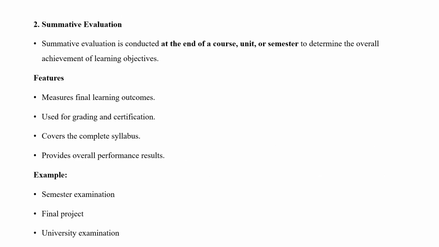And summative is at the end of the course. Summative evaluation is conducted at the end of the course, unit or semester to determine the overall achievement of the learning objectives. It measures the final learning outcomes, is used for grading and certification, covers the complete syllabus and provides overall performance results.